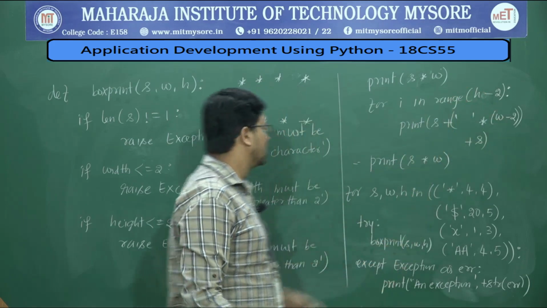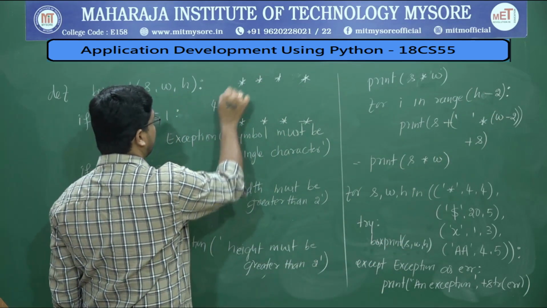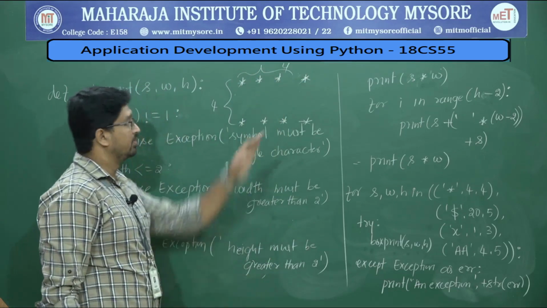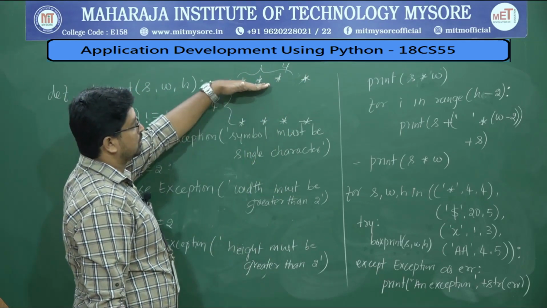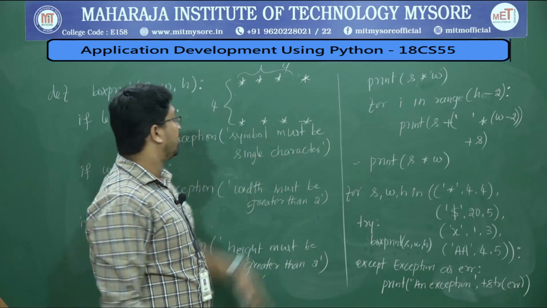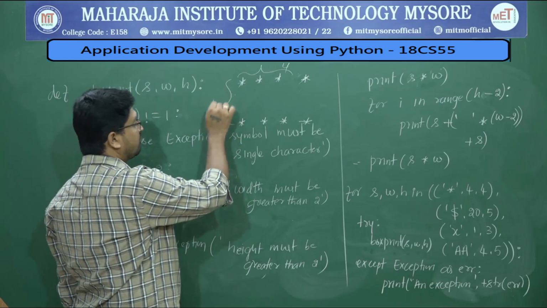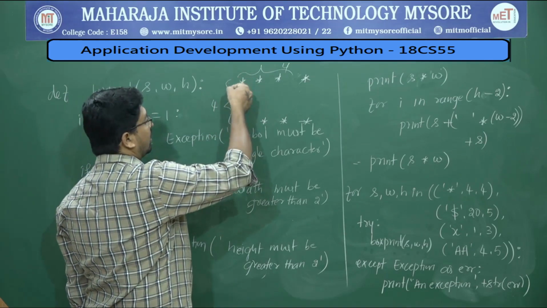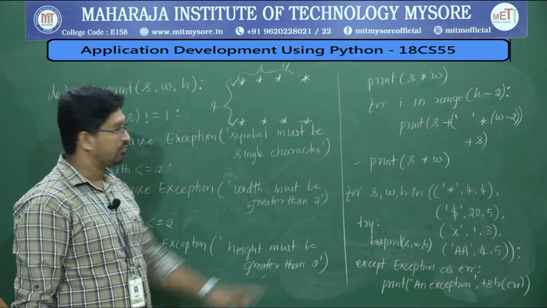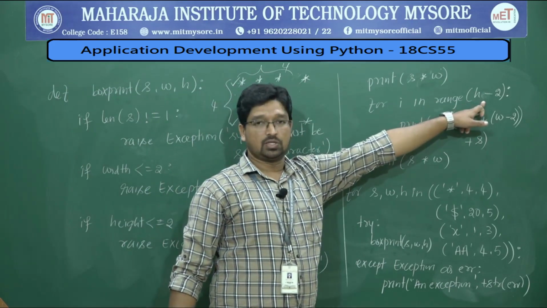Why height minus 2? Because the height is 4 and width is 4, already done. We have successfully printed the width. So top width and bottom width get printed very easily. But what about height? Already height is 4, but we have printed 2 positions already. So for that I am reducing minus 2.